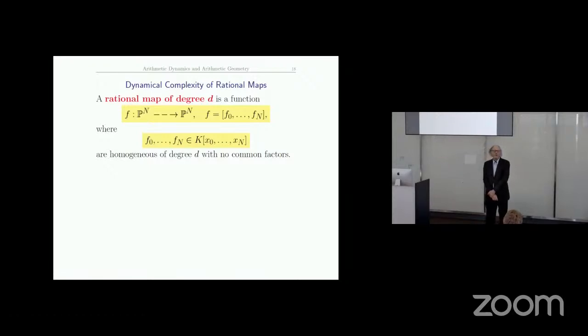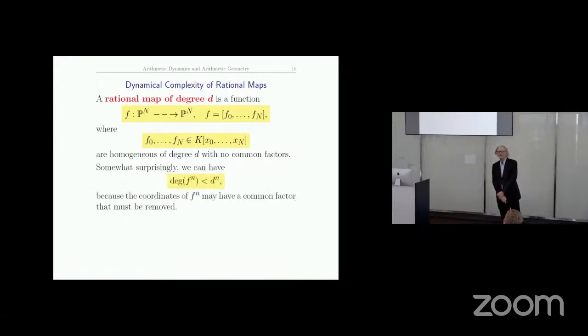But a crucial thing to note here is that when we write a map from projective space to itself like this, we want to make sure the polynomials don't have any common factors, because if they do, we're working projectively, so they cancel out. So for f0 through fn, there's no polynomial that divides all of them.